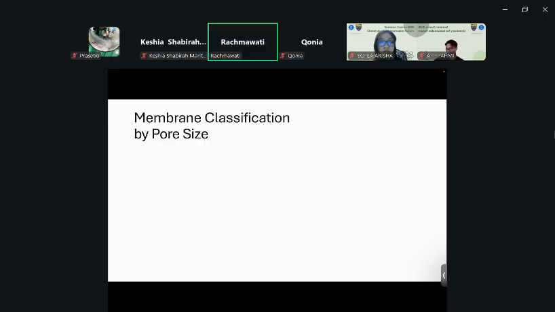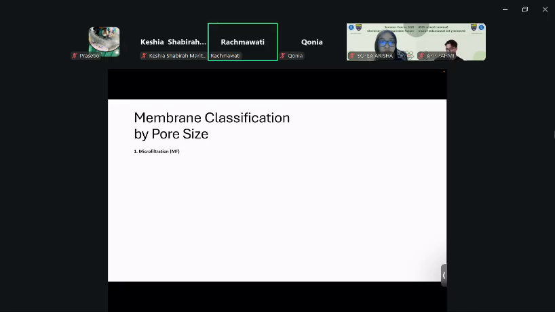That is the maximum size of the molecular weight that can pass through the membrane. So if you are, for example, buying a membrane for filtration in your lab, you might also consider what molecular weight cutoff you need for your filtration, because that depends on what you want to separate. So then the membrane is classified by pore size.